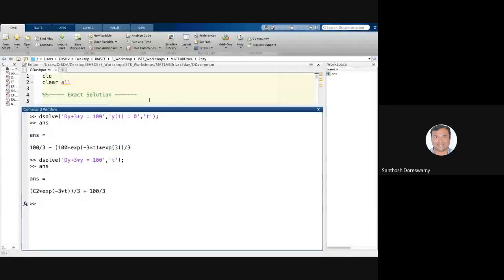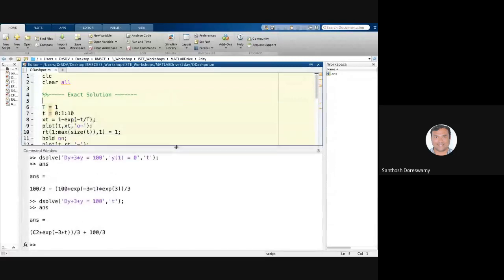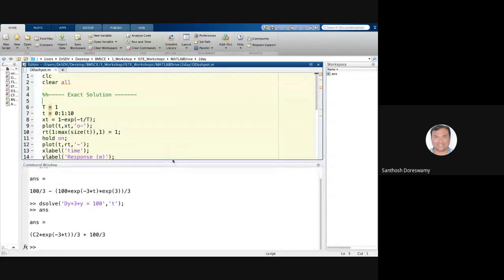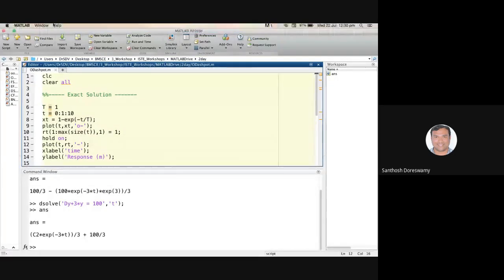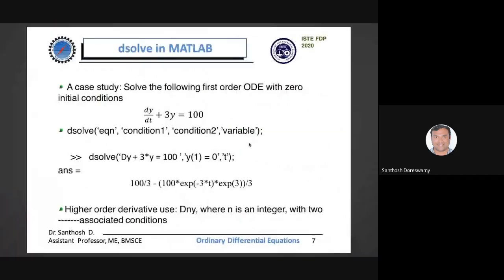All right, so once we have an exact solution that is defined for a problem, what we'll try to do now is understand that suppose you have an nth order derivative, for example d power n y by dt power n equals 3y equals 100.